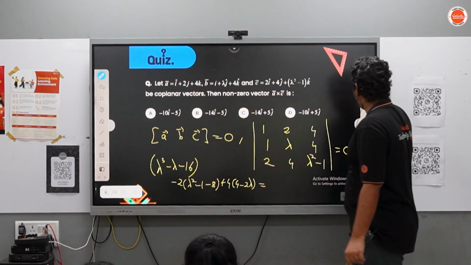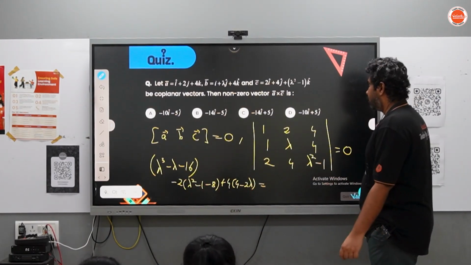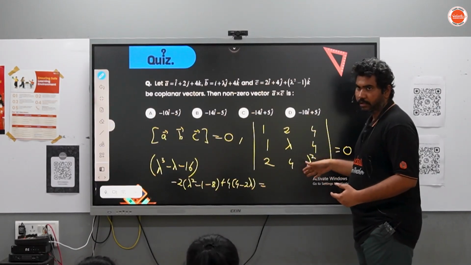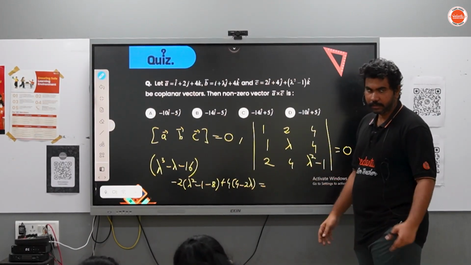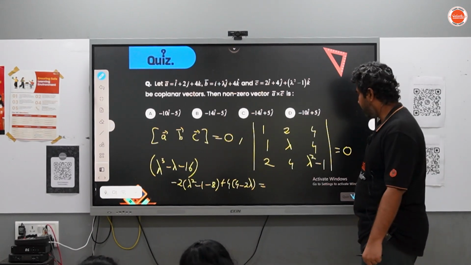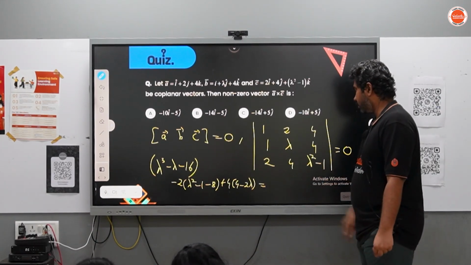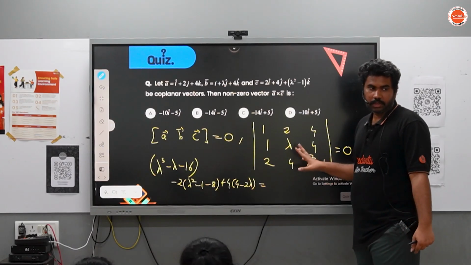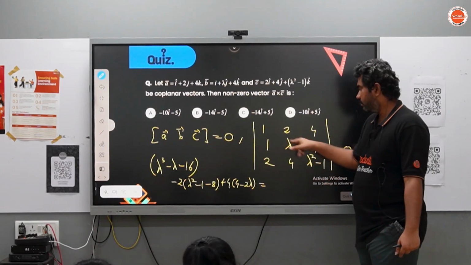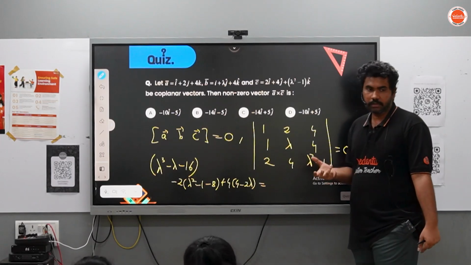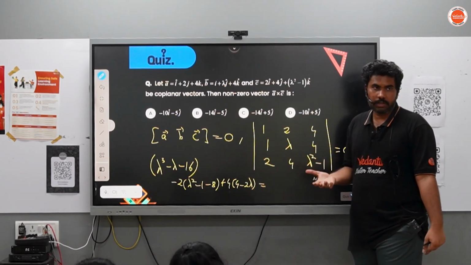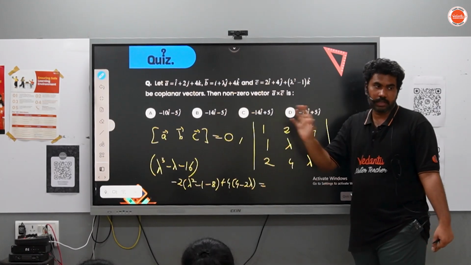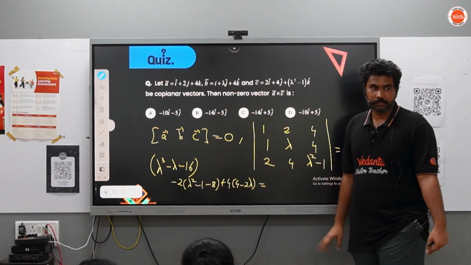So we are getting a cubic polynomial, because the product of the diagonal elements is forming a cubic. Whenever you want to see what type of polynomial the determinant is forming, just take the degree of the product of the diagonal elements. That degree is the same as the degree of the expression you get when you expand the determinant.